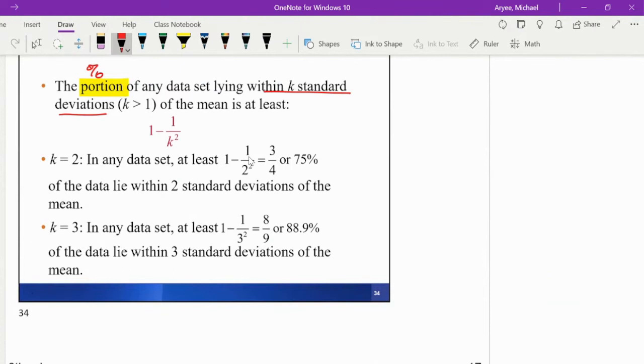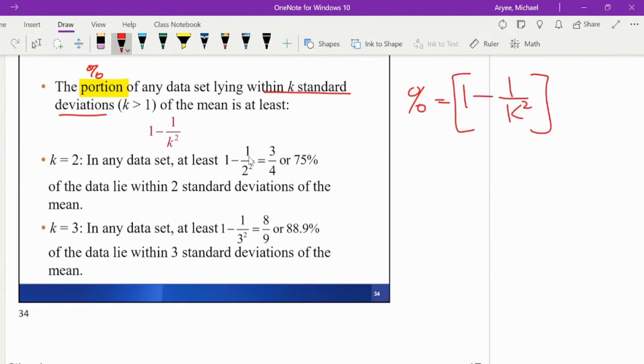According to Chebyshev, you get the percentage by doing 1 minus 1 over k squared, and usually to get a percent you multiply it by 100. So anytime we talk about Chebyshev, think about this formula.